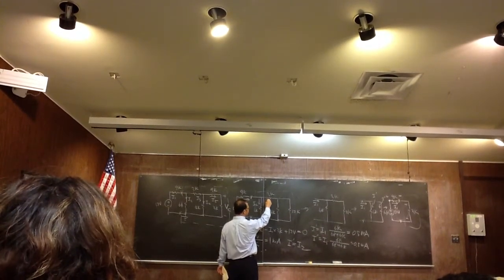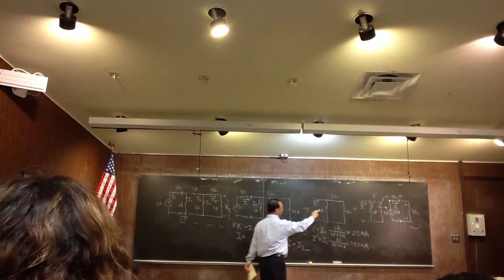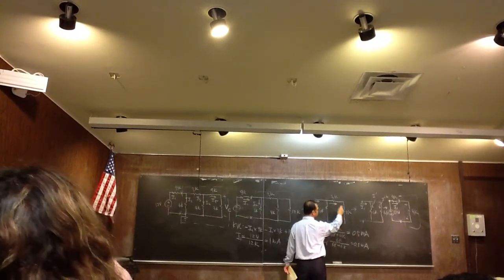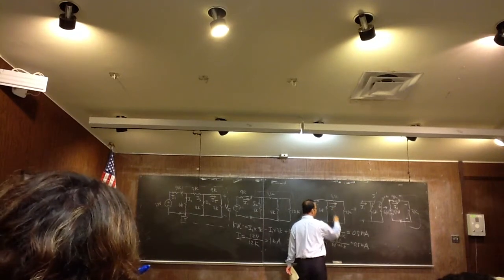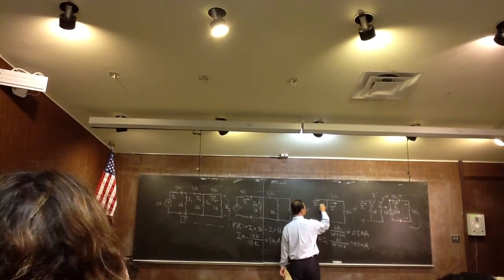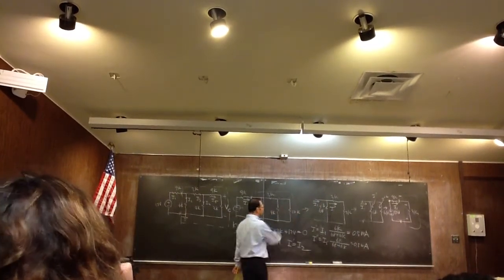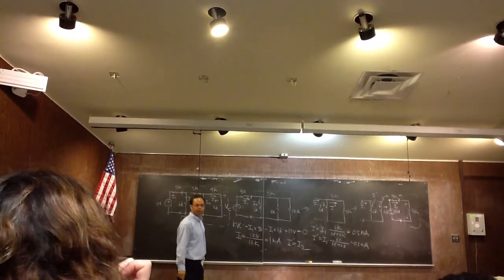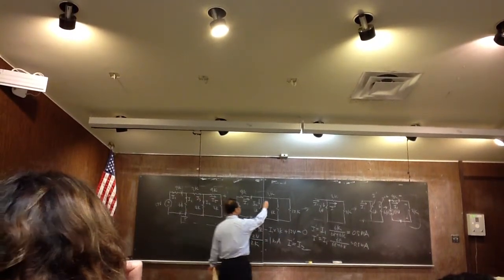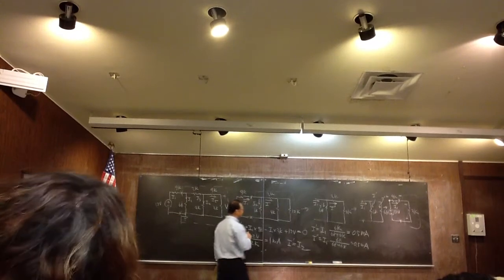What about this current right here? This current is what? I double prime, correct? This is I prime. Okay, if I come back to here, where's my I double prime? Yes, yes. This is I double prime.